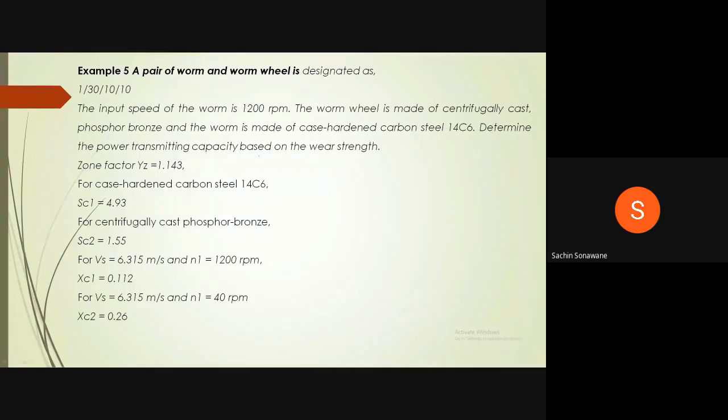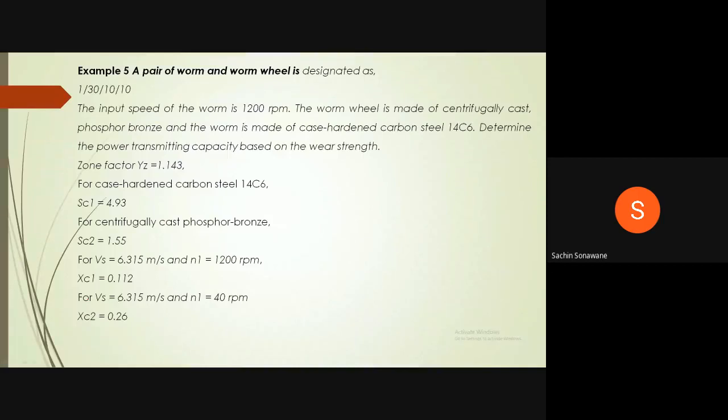Determine the power transmitting capacity based on the wear strength. Take zone factor YZ is equal to 1.143. For case hardened carbon steel 14C6, SC1 is equal to 4.93. For centrifugally cast phosphor bronze, SC2 is equal to 1.55. For VS 6.315 meter per second and N1 equal to 1200 RPM, XC1 is equal to 0.112.